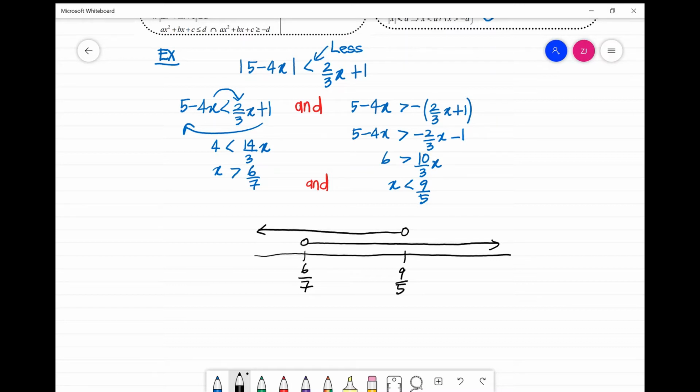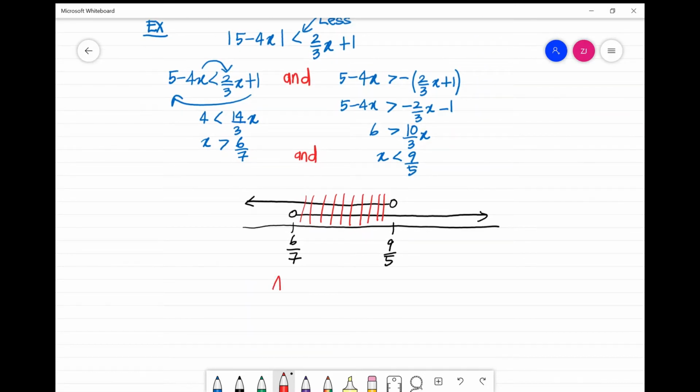Now let's find the intersection. When we find the intersection here, the answer is between 6 over 7 and 9 over 5.